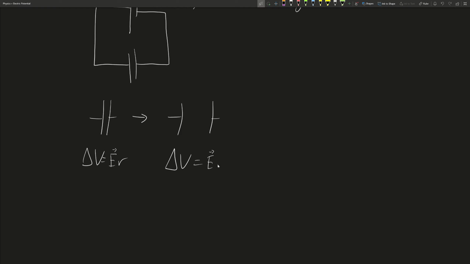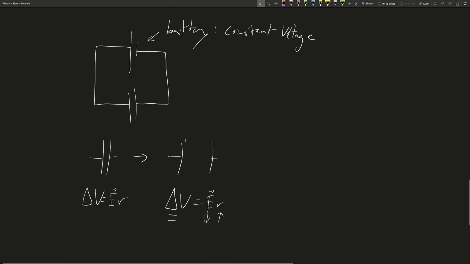And since the electric field strength is uniform, and voltage is constant and this distance increases, then the electric field strength must decrease in magnitude. So it's still going to be a uniform field, but it decreases.